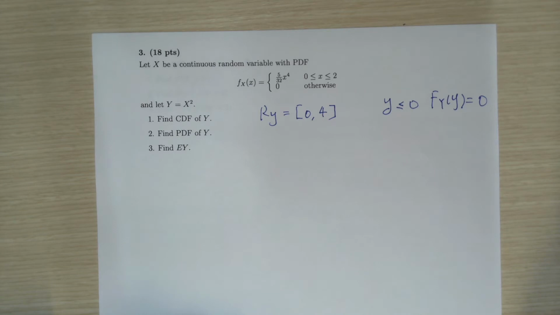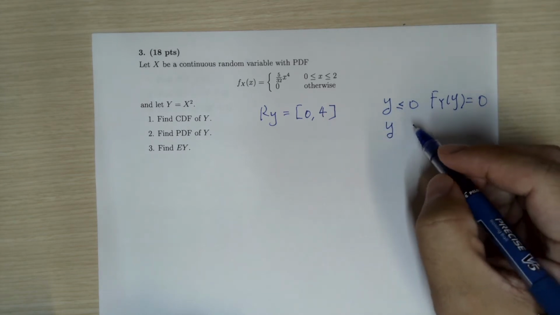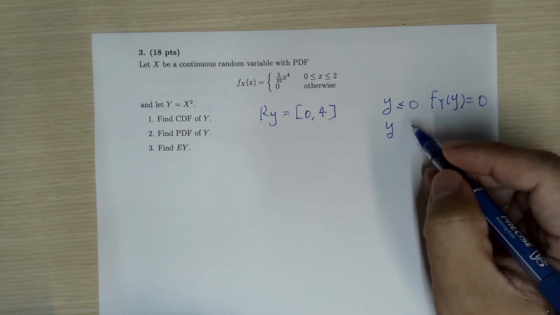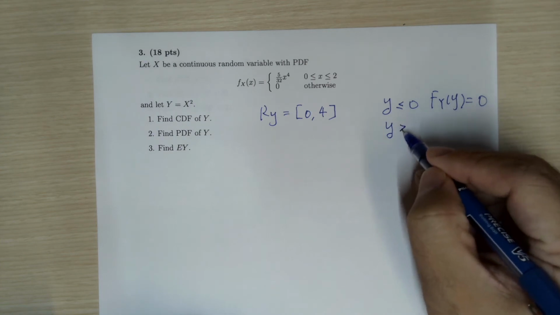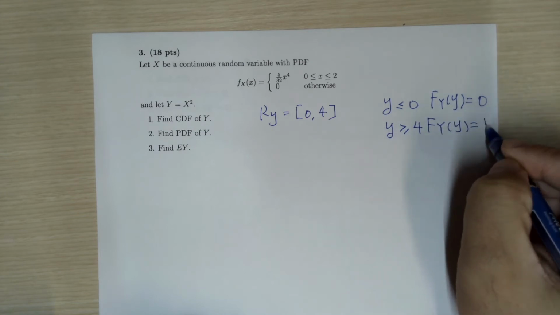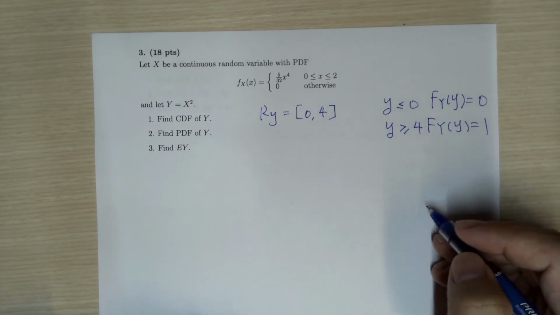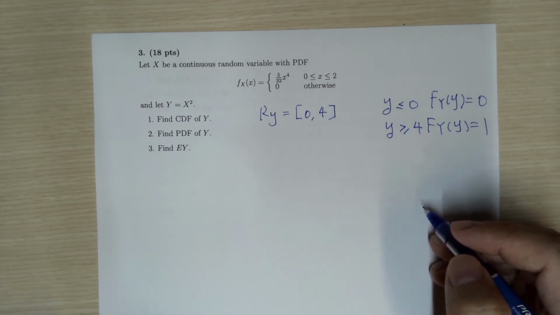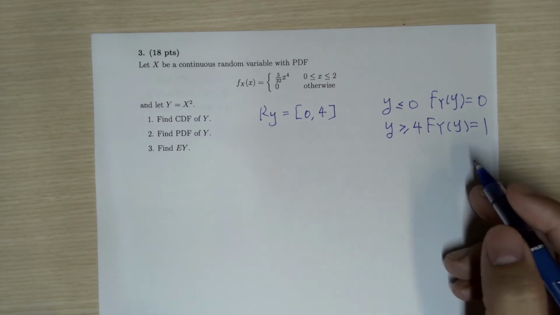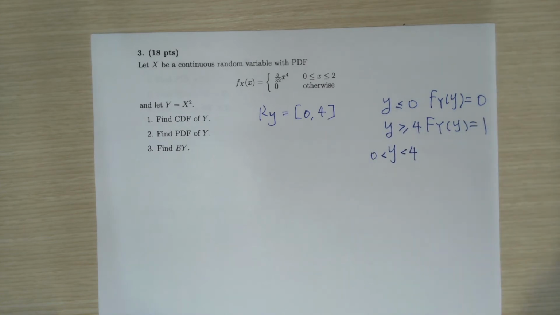And then when y is greater than or equal to 4, also notice that this equals 1. So there's no issue. So the only part we need to take a look at is when y is between 0 and 4, right? So when y is greater than 0 and less than 4, okay?